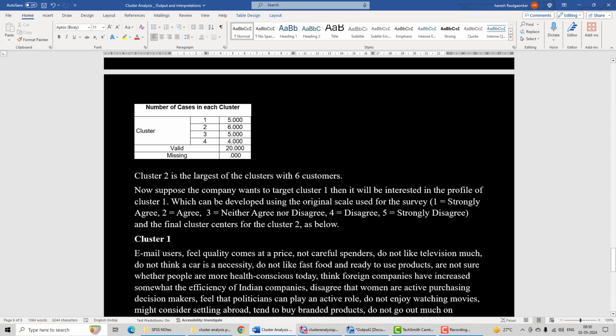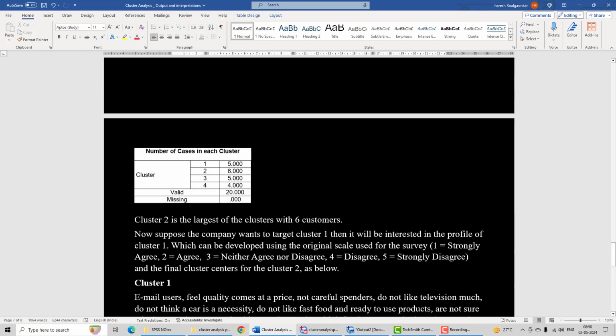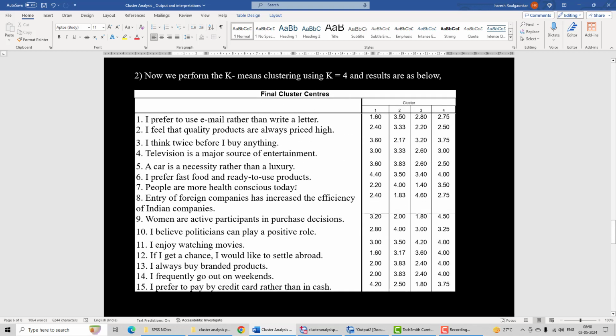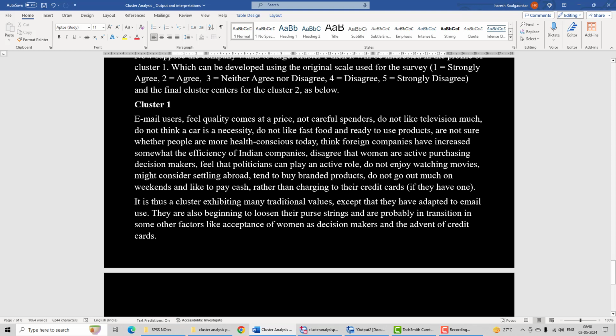If the company asks you to go for the smallest or niche cluster, then you can go for cluster number 4. So this is how we develop the profile of a required cluster using the final cluster centers and our original scale which we used. Thank you.